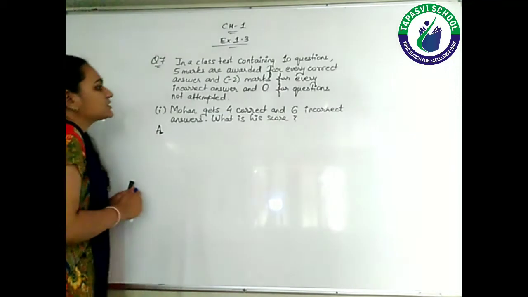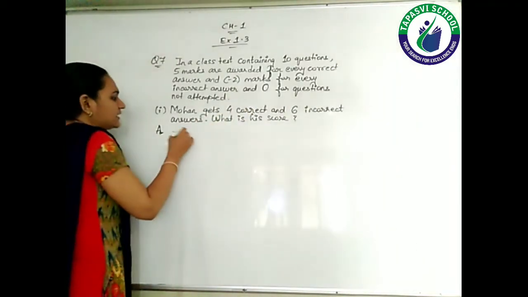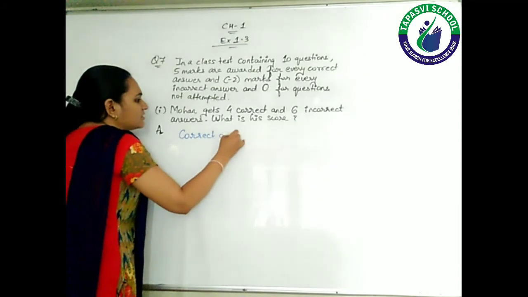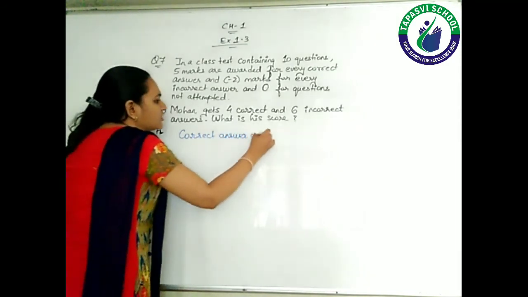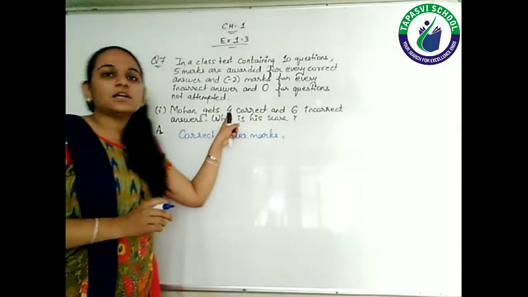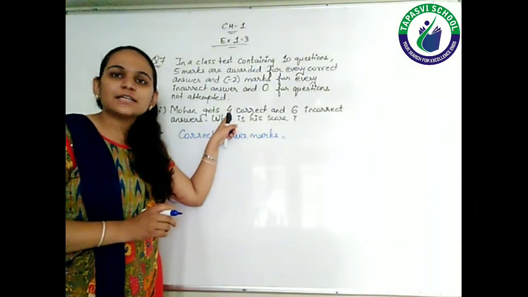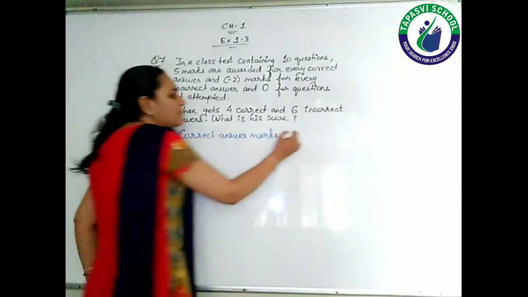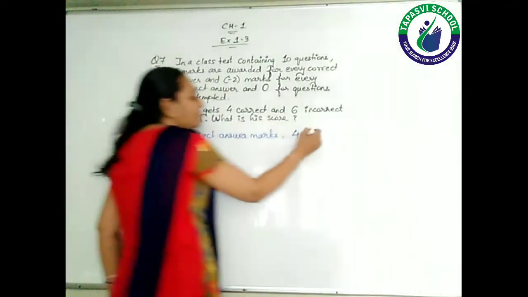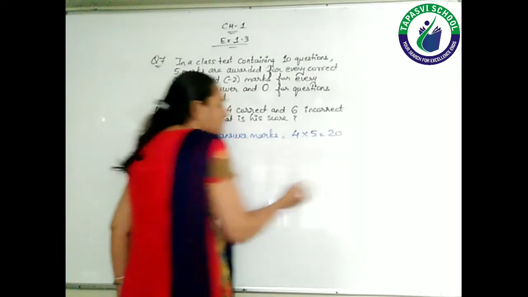First I will write the correct answer marks. How many of Mohan's answers are correct? 4. Now the marks for every one question is 5. So 4 fives are 20, right?